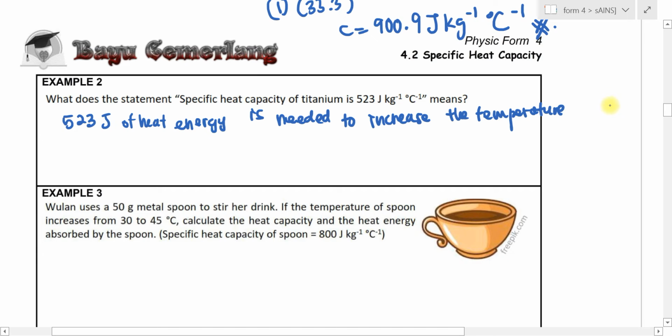Jangan terus by 1 degree Celsius. Itu heat capacity saja. Dia tanya specific heat. Jadi by 1 kg titanium, very good. Of 1 kg titanium by 1 degree Celsius.